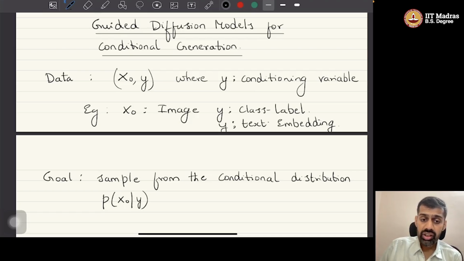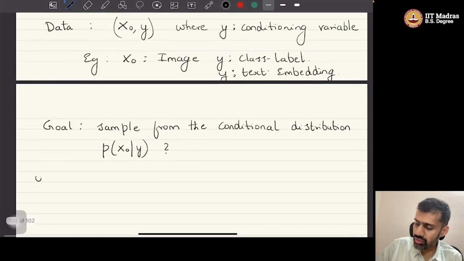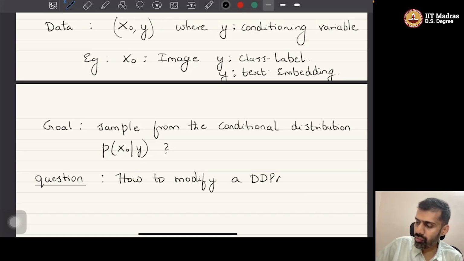So far we have been sampling from the marginal distribution p of x0, right, using diffusion models. Now we need to sample from the conditional distribution. The question is, how to modify a DDPM to sample from the conditional distribution?